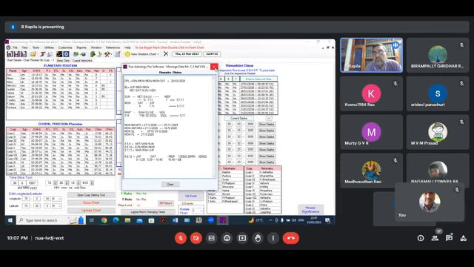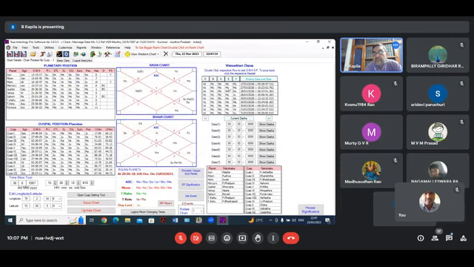Now, if you look here, Moon Sukshma is up to 31/3/2028, and Moon Sukshma starts from 16/5/2028.